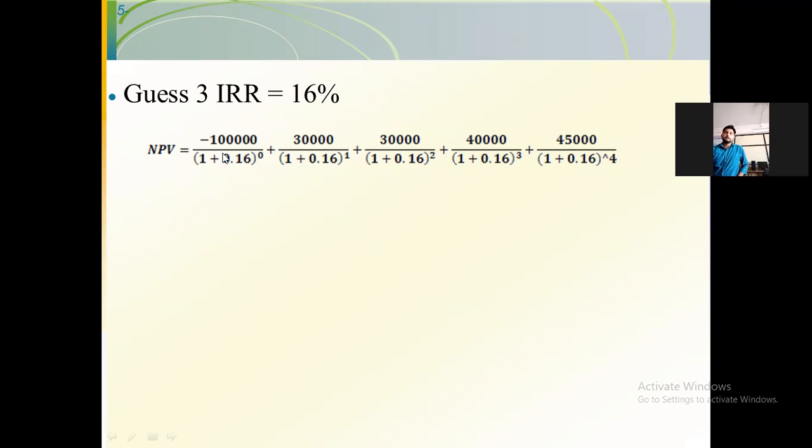NPV is equal to minus 1 lakh divided by (1 plus 0.16) raised to 0, plus 30,000 divided by (1 plus 0.16) raised to 1, plus 30,000 divided by (1 plus 0.16) squared, plus 40,000 divided by (1 plus 0.16) cubed, plus 45,000 divided by (1 plus 0.16) raised to 4.